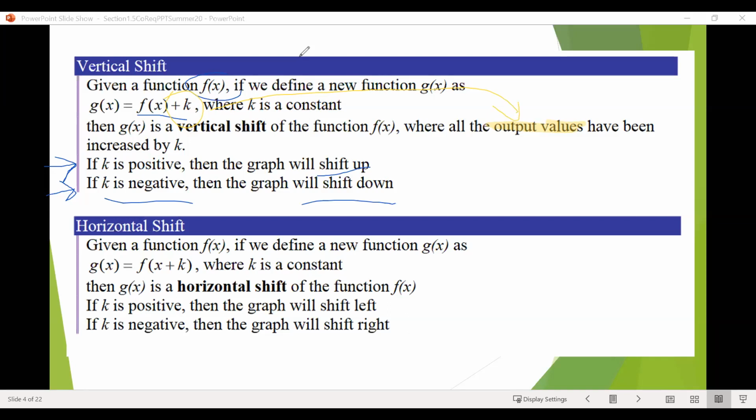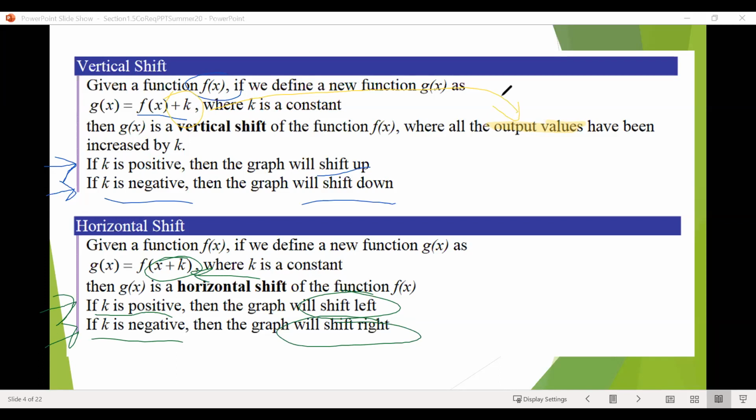On the other hand, if we are now adding something or subtracting something on the inside of the function, so notice this is inside the function, okay, well, that's what we saw with the second set of graphs. So if that number is positive, it means you're adding something. Remember, again, this does the opposite of what you think, so it shifts left. If that's negative, meaning you're subtracting something, then it shifts to the right, okay?